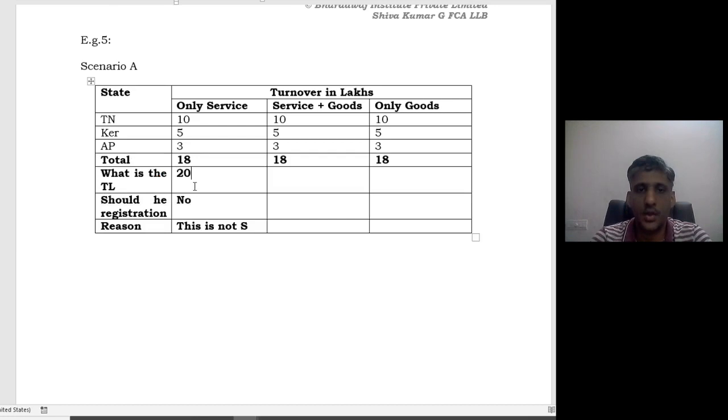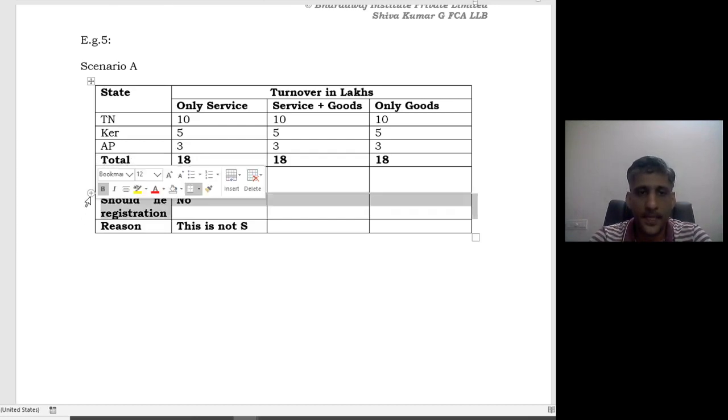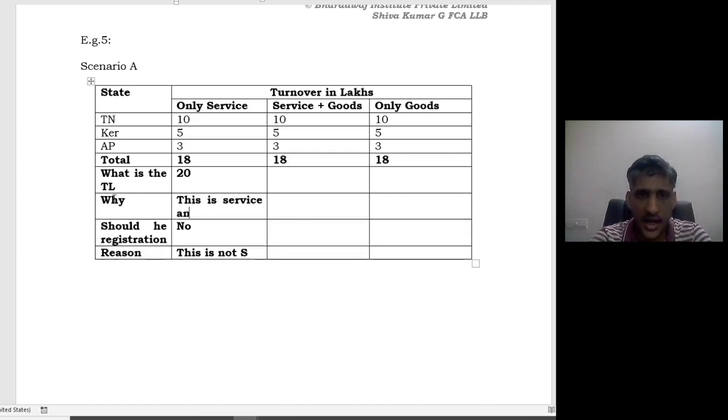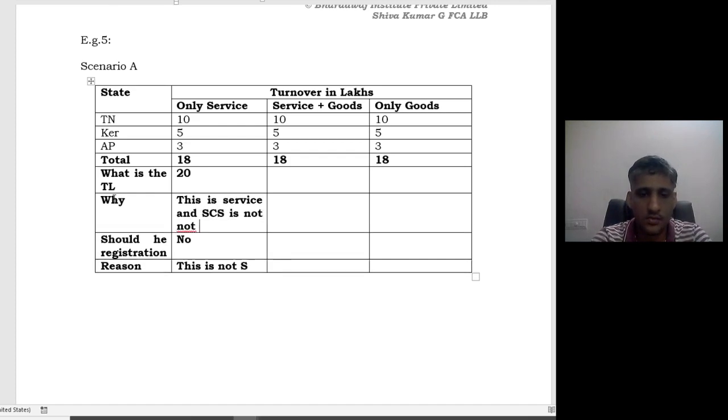Threshold limit is 20 lakhs. Why? Because this is service and special category states is not involved. Therefore, it is 20 lakhs. Should he register? No. The reason is aggregate turnover is less than the threshold limit.